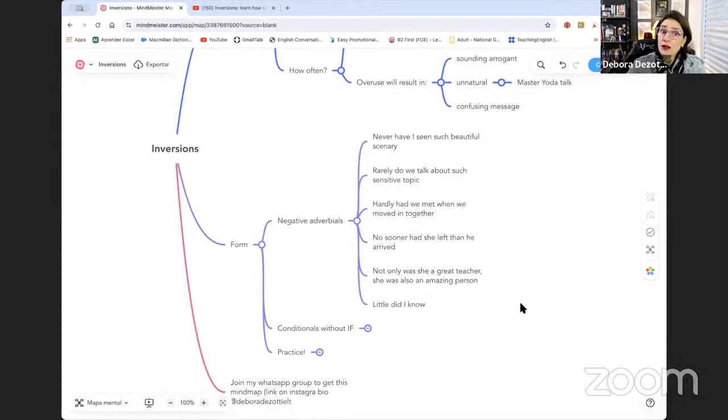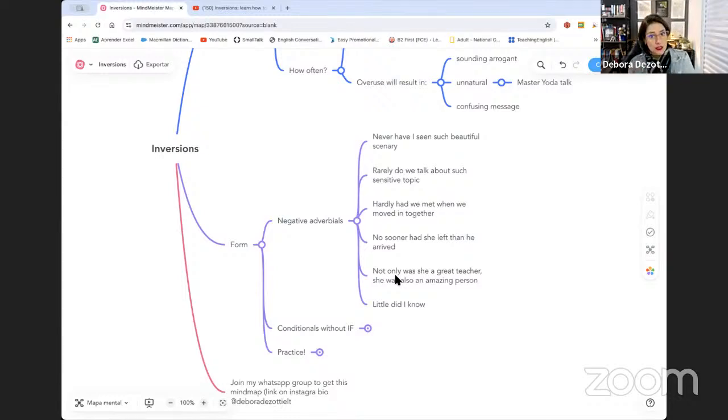Then, this is a more well-known structure: "not only." So, "Not only was she a great teacher, she was also an amazing person." And you can also have "but" here: "Not only was she a great teacher, but she was also an amazing person." Remember, guys, it's not compulsory to use inversions.